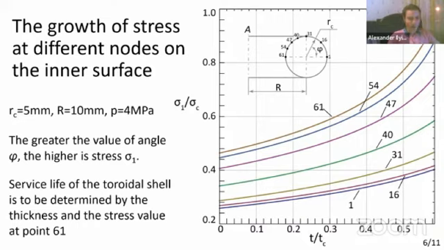The smallest stress is observed at phi equals 0 degrees, and the largest at phi equals 180 degrees. It can be concluded that the service life of the toroidal shell is to be determined by the thickness and the stress value at this point, at point 61. In further analysis, we will analyze the stress growth over the lifetime at point 61.